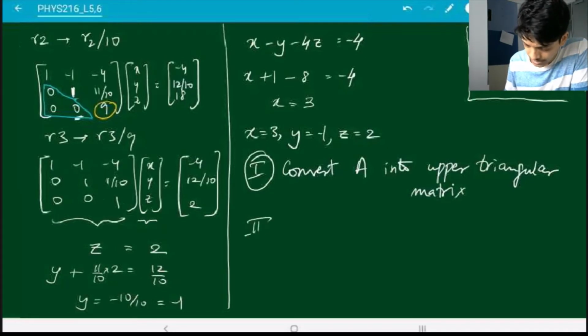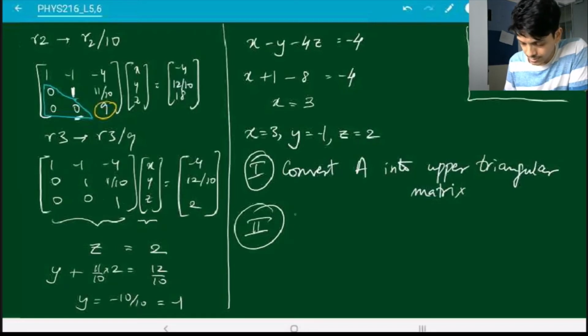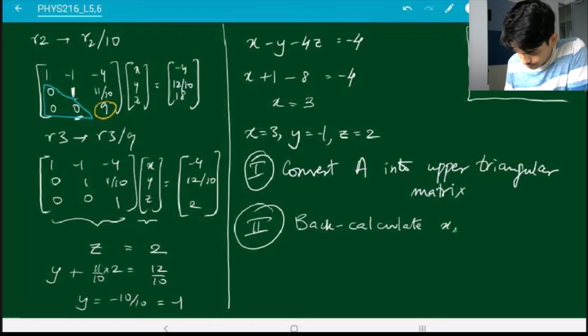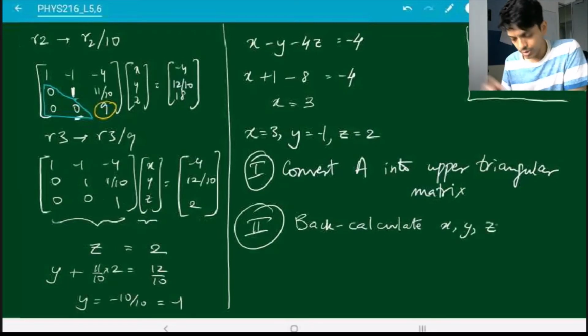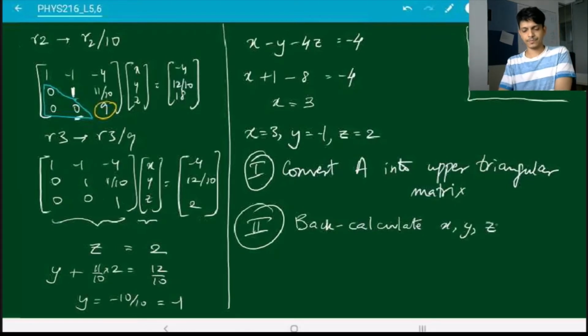Once you have done that, it's easy to write down the equation, and then it's a question of back calculating what x, y, z are, because directly you get what z is. Then from that you can go back and find y, and from that you can calculate x. Actually, you don't even need to do this. You can also continue doing these elementary row transformations. This is of course one way of doing it.